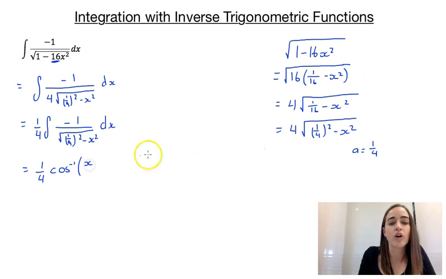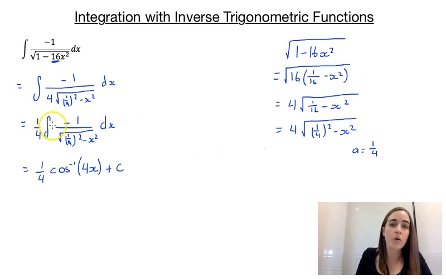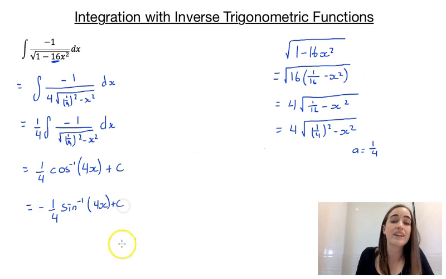Now it's going to be x over a, so that would be x over a quarter, but we know that dividing by a fraction is just the same as multiplying by the reciprocal. So x divided by a quarter is the same as 4x, and then I've got my plus c. Now if instead of pulling a quarter out the front, I'd pulled minus a quarter out, then we would have ended up with minus a quarter sine inverse of 4x plus c, and that's also correct.